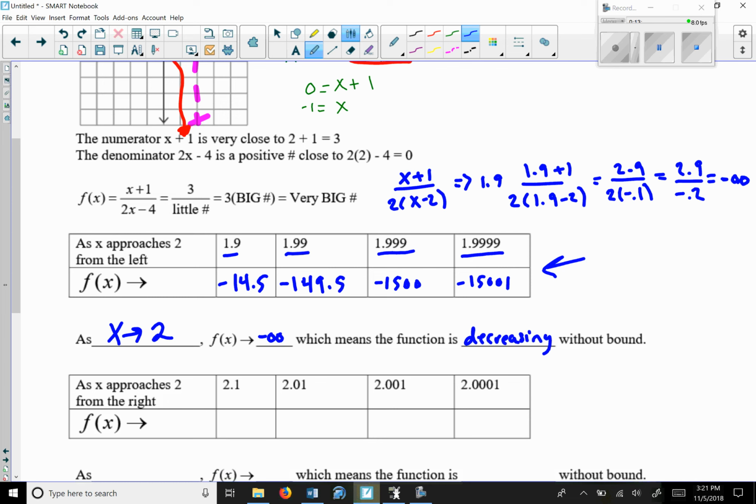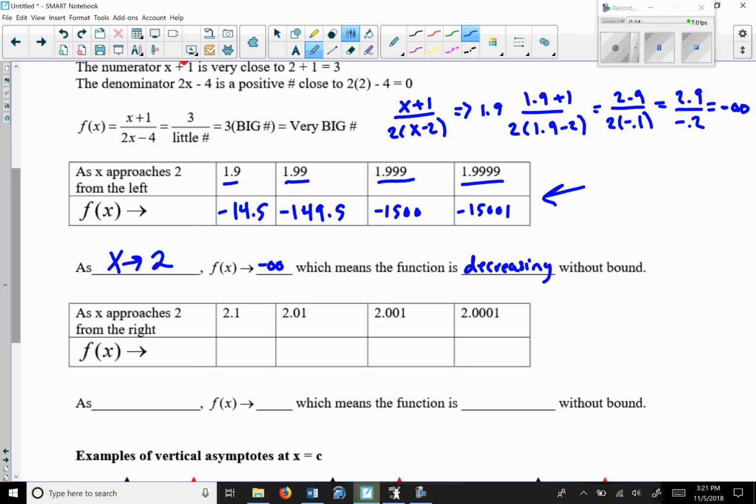Without bound just means it keeps going on forever, which is why it's negative infinity. So then the question is, what happens as x is approaching 2 from the right? To denote the difference between the right and the left, as x approaches 2, we use a negative sign up here to denote the left side, and if I wanted to denote the right side, I would say as x approaches 2 from the right. Now we want to figure out what's happening to the right side.